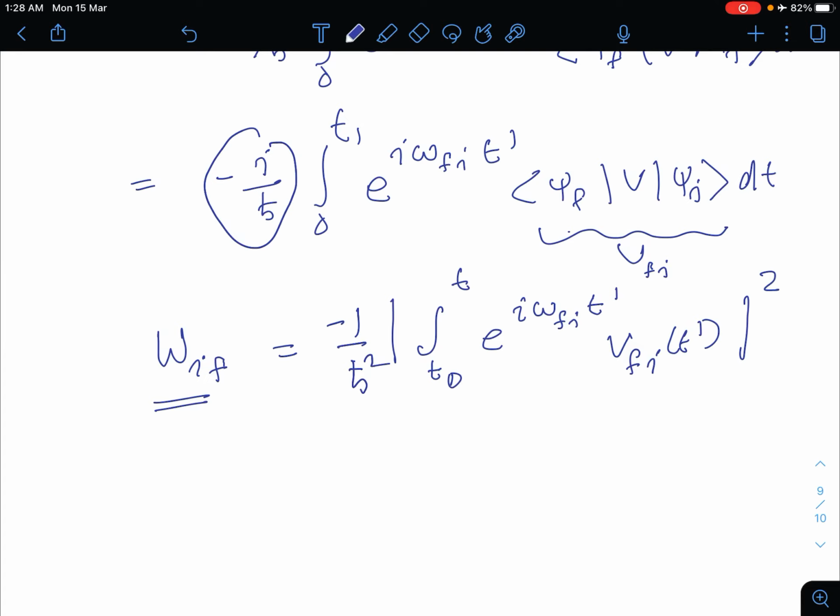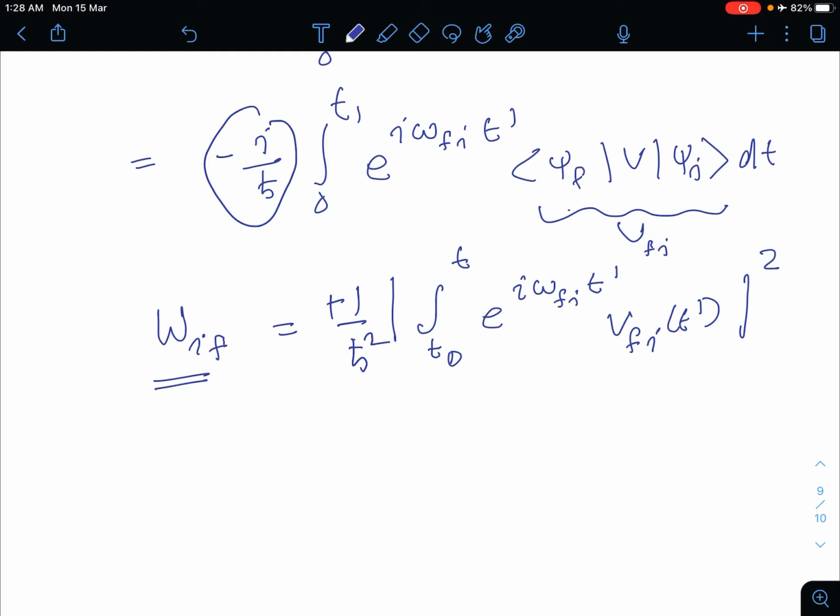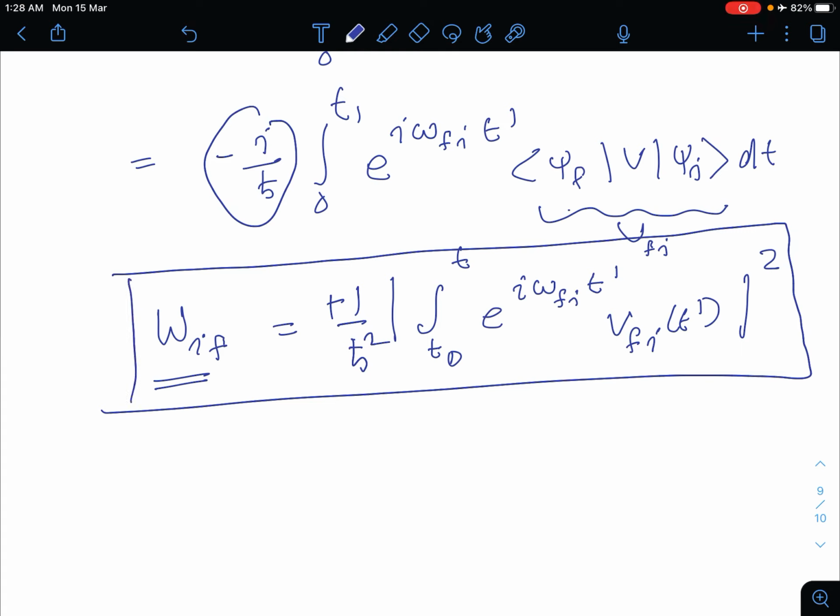We have found the square of the integral, so the square of this also comes, so that is minus, sorry, minus not plus, 1 by h cross square. So this is the transition probability.